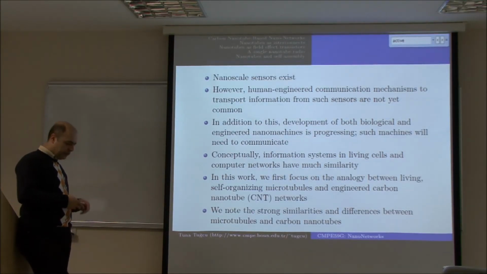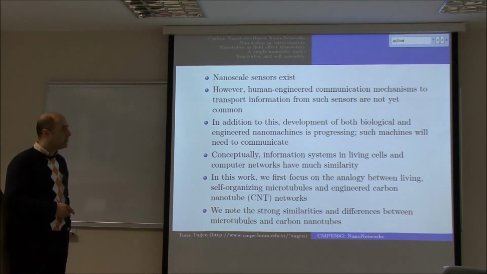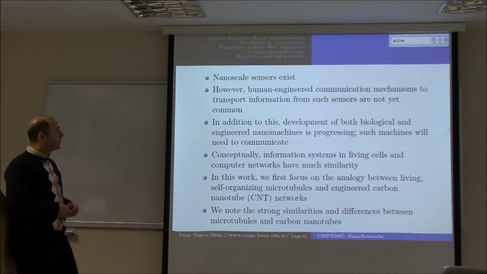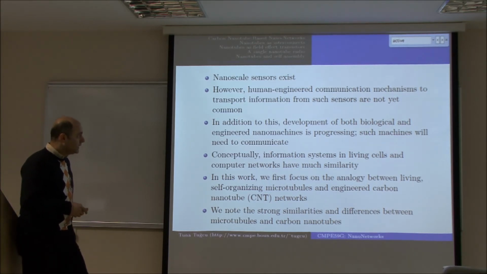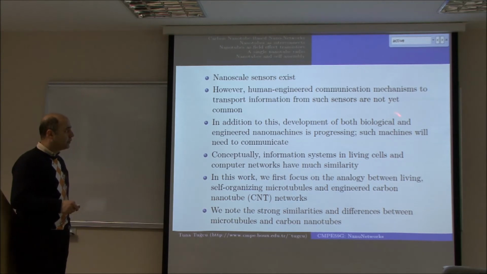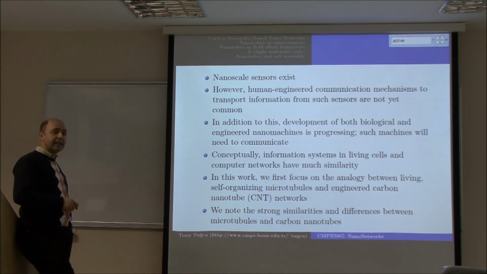If you look at the current technology, actually there are nanoscale sensors in existence. However, the human-engineered communication mechanisms to transport information from such nanoscale sensors are not yet common. So, in addition to this, also the development of both the biological and engineered nanomachines is in progress.